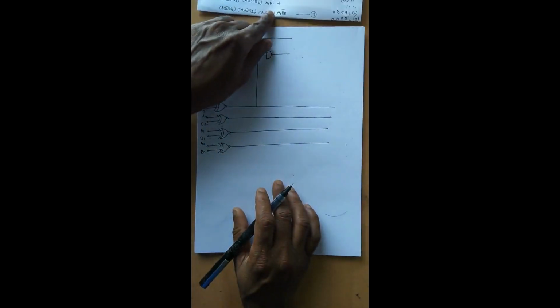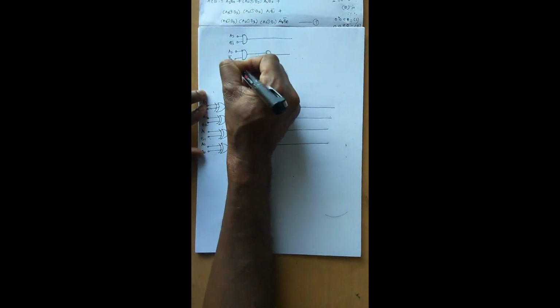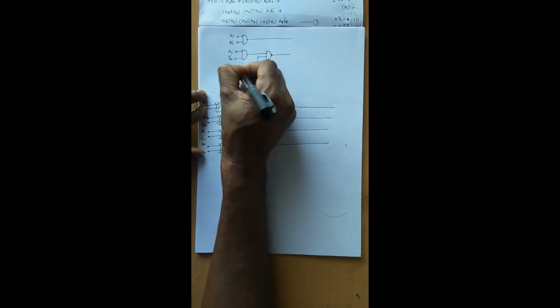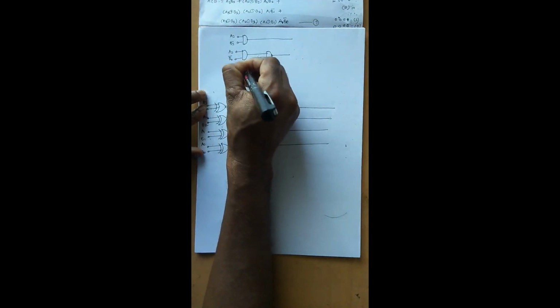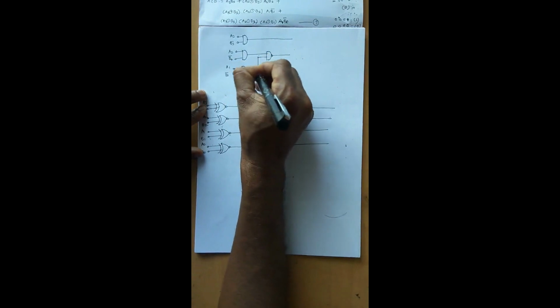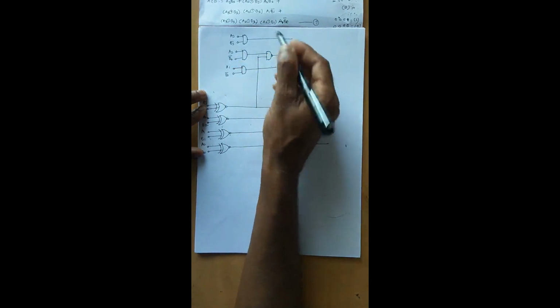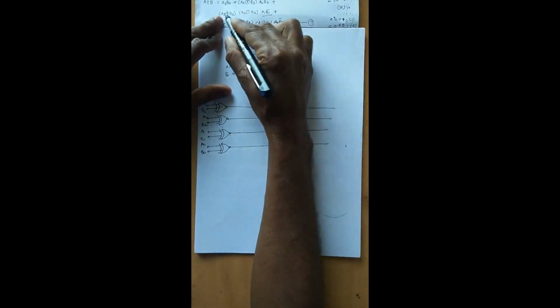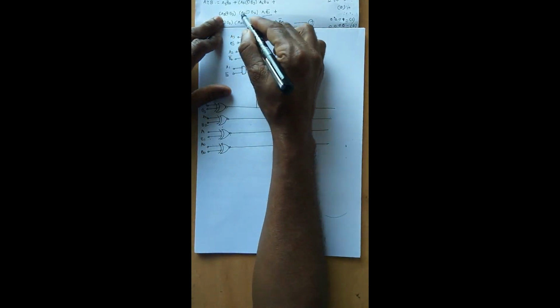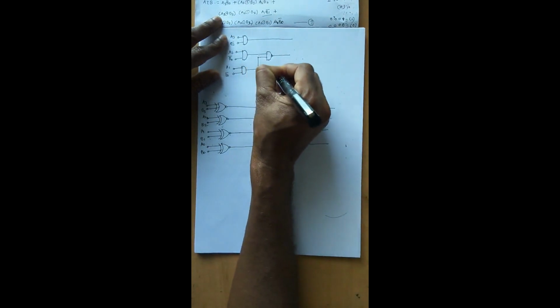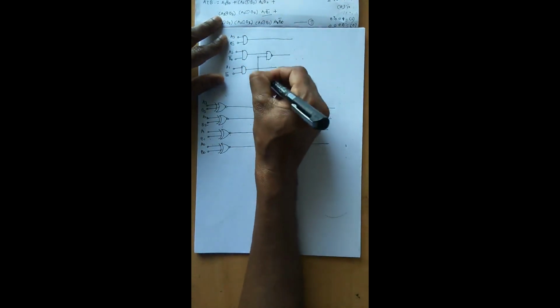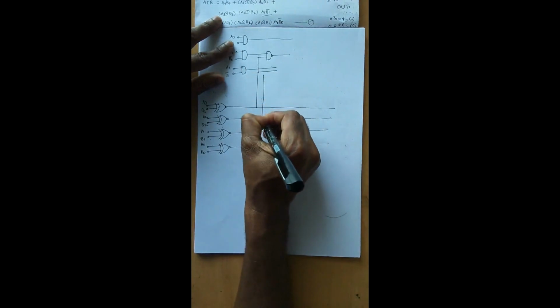We need A1 into B1 complement, so take one more AND gate. A1 and B1 complement, they are ANDing with each other, and again the output of this is ANDing with A3 B3 XNOR as well as A2 XNOR with B2, so this output is also, and one more output of this is going to be ANDed together.